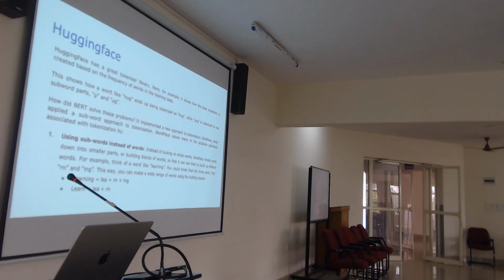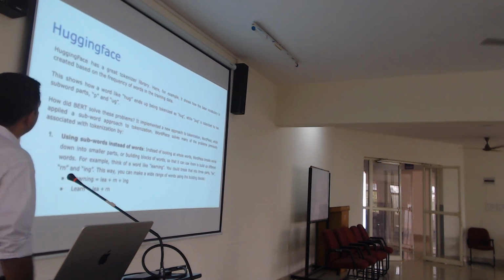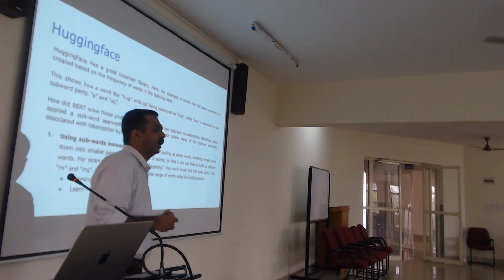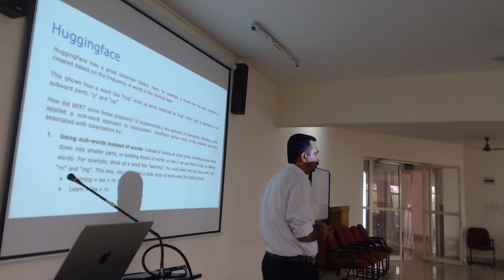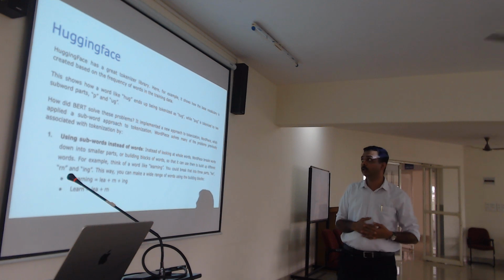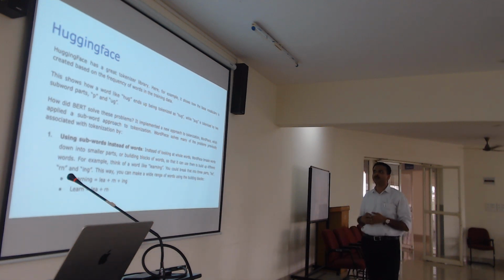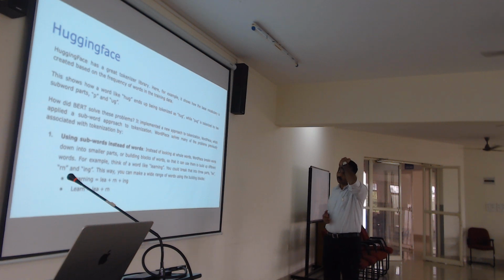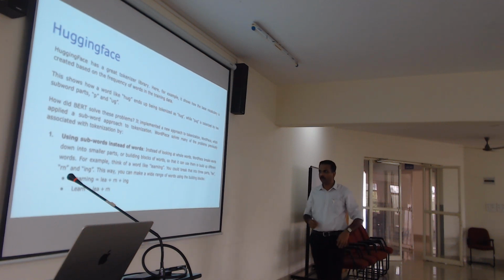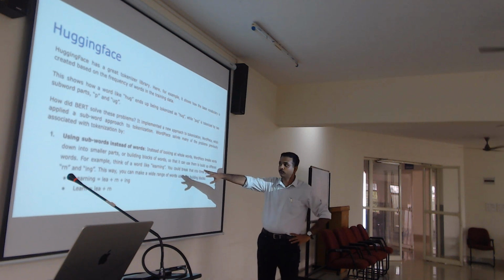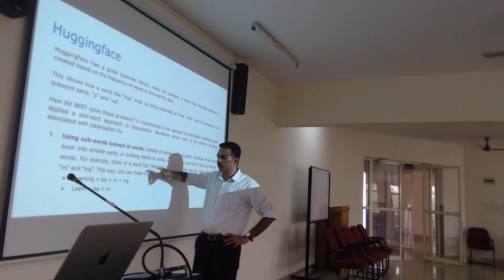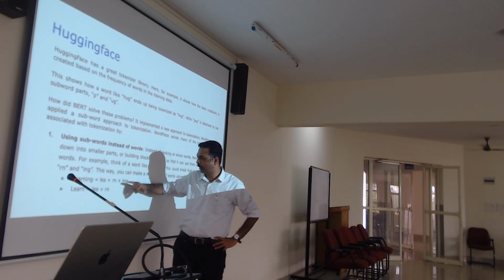So Hugging Face also, why Hugging Face? Because you have a larger number of tokenizer libraries when compared to BERT. The library of tokenizers is pretty high in the case of Hugging Face. It shows how the base vocabulary is created based on the frequency of words in the training data. So let us see the example here. Learning, if you have a subset of tokenization, a subset of words, instead of whole words like LEA, RN, ING.